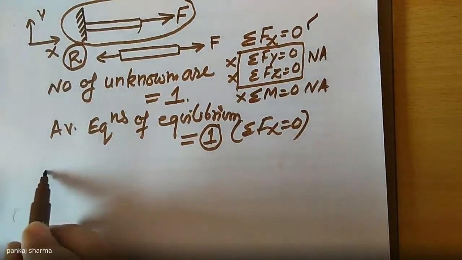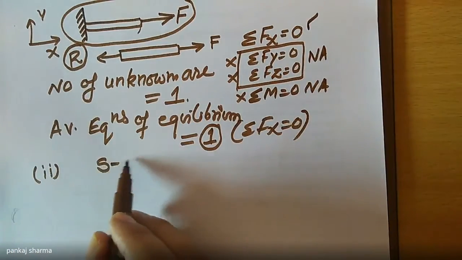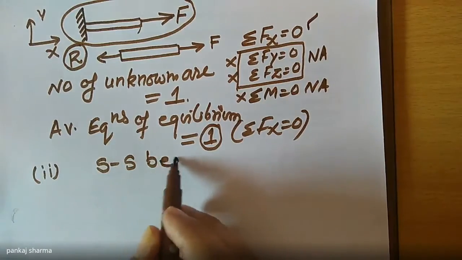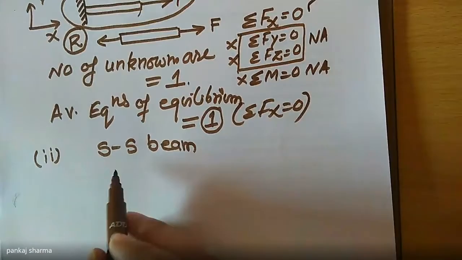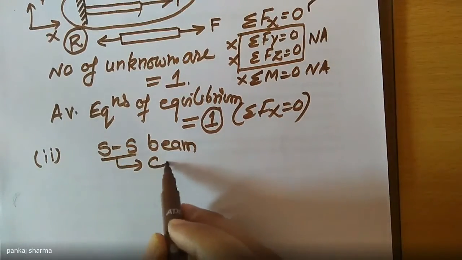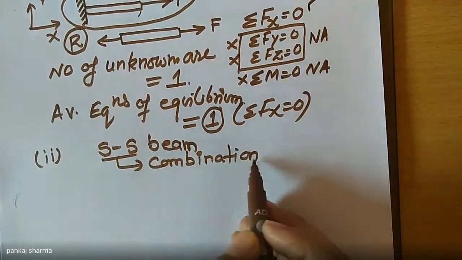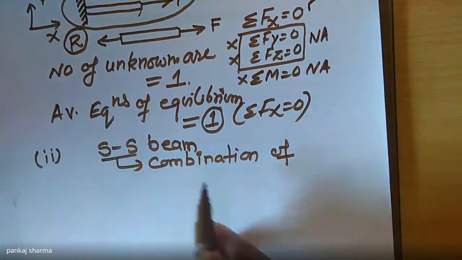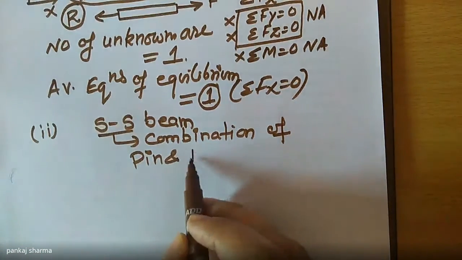Now I am going to the next statically determinate structure, the simply supported beam. A simply supported beam is nothing but the combination of a pin and a roller joint.